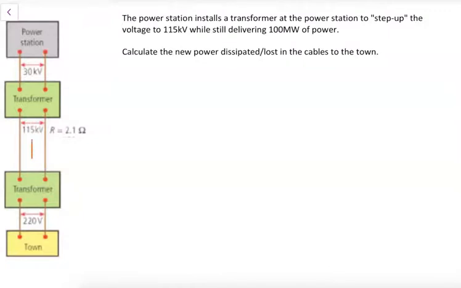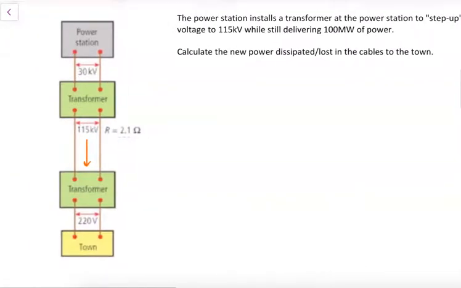And so it still travels the 100 kilometers to the town. So nothing's really changing about the cables. The only thing that's changing is we're increasing the voltage to a voltage that's almost 4 times higher.